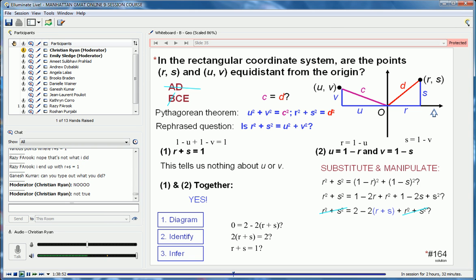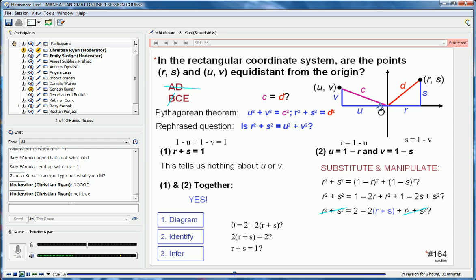If instead all you do is say, okay, how far is the point RS from the origin? Well, it's the square root of R squared plus S squared. That's what D is. How far is point UV from the origin? It's the square root of U squared plus V squared. That's what C would be.